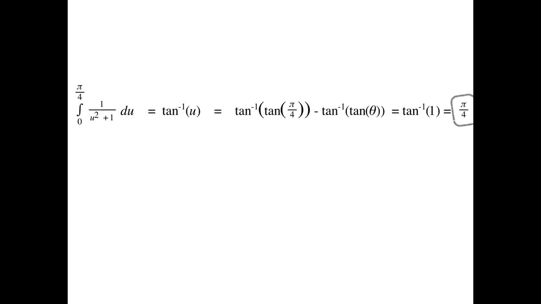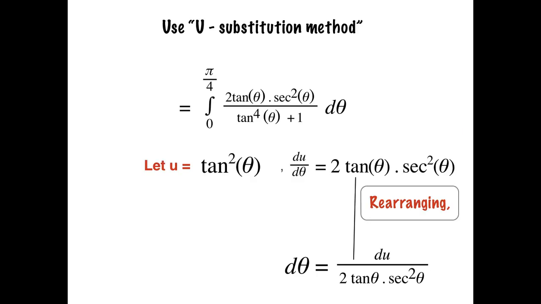When you replace d theta as du upon 2 tan theta times secant square theta, you can obviously see the pattern that 2 tan theta times secant square theta gets cancelled, and you'll only be left with du upon tan to the power 4 theta plus 1, where u is equal to tan square theta.